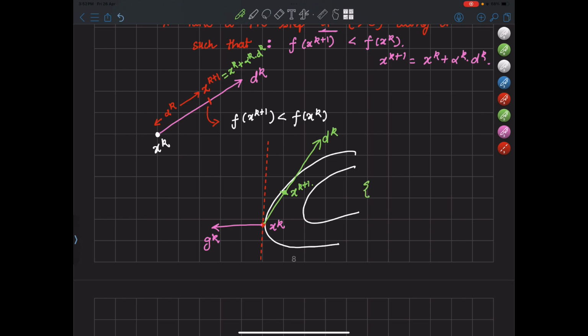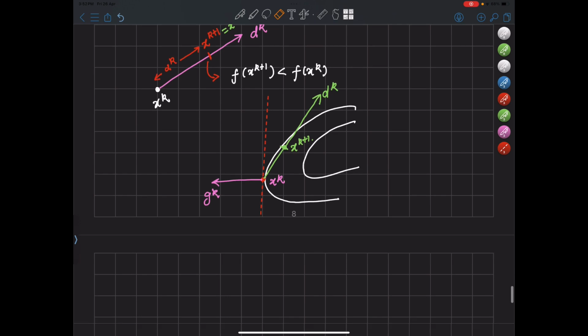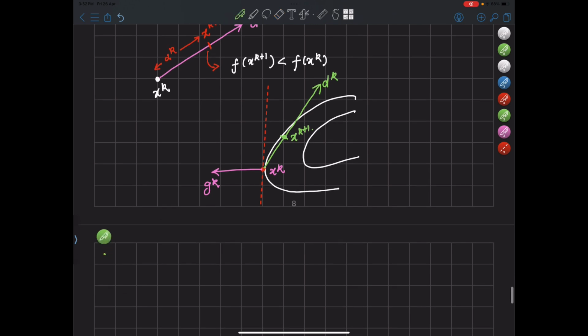Now, where can we have a descent direction? If we define the descent direction set, it can be any direction dk such that the dot product of gk and dk is less than 0.